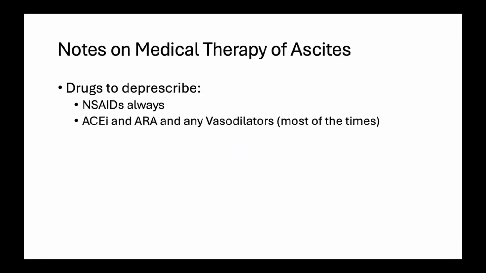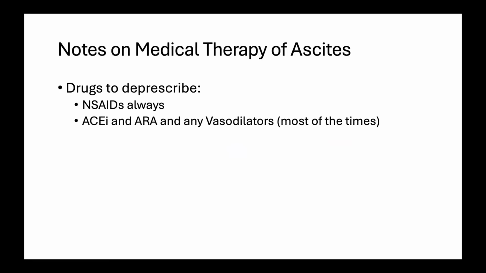ACE inhibitors and angiotensin receptor antagonists, and in general any vasodilators like calcium antagonists, most of the time should be discontinued in patients with ascites. And again, that might transform a diuretic-intractable ascites into an ascites that responds.